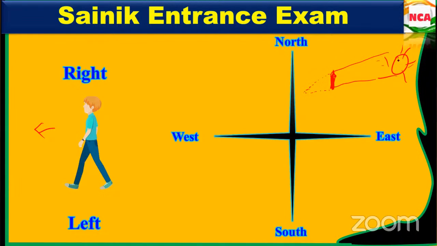Likewise, the sun rises in the east, and he is also pointing towards the sun, so the shadow will be in his front. Try to walk and see during sunrise. Walk towards west, towards north, towards south. Observe these things today and tell me tomorrow.